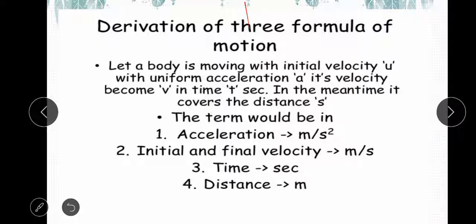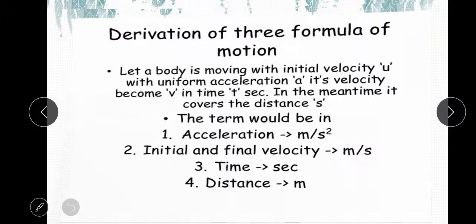After some time, say after t seconds, it covers some distance s. All the terms would be in their SI units: acceleration in meter per second square, initial and final velocities in meter per second, time in second, distance in meters.